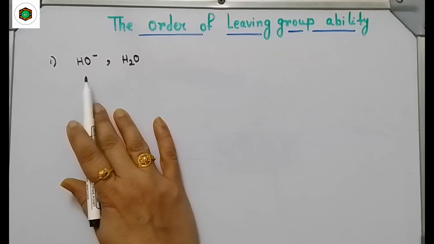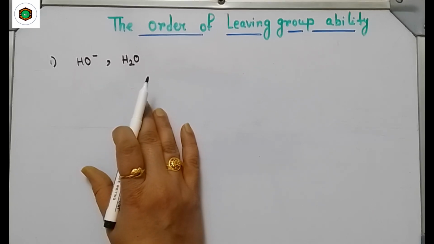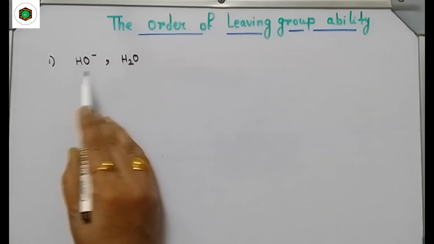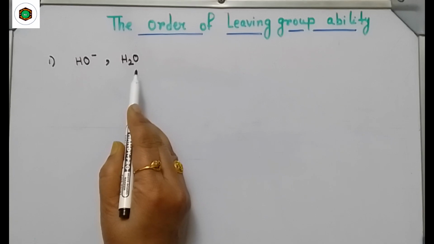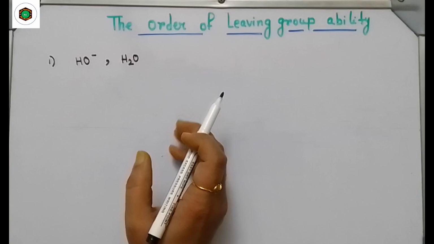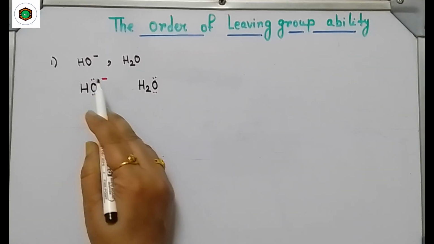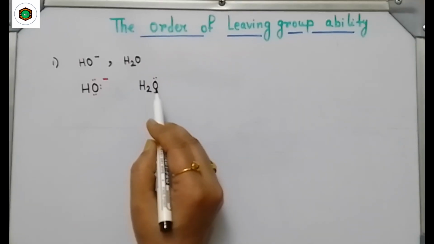Now see, between OH minus, means hydroxide ion, and water, which one is a good leaving group? Here the donor atom is the same, oxygen. Donor atom means the atom which will donate electron density or a lone pair of electrons. On OH minus, the electron density on oxygen is more than in water.